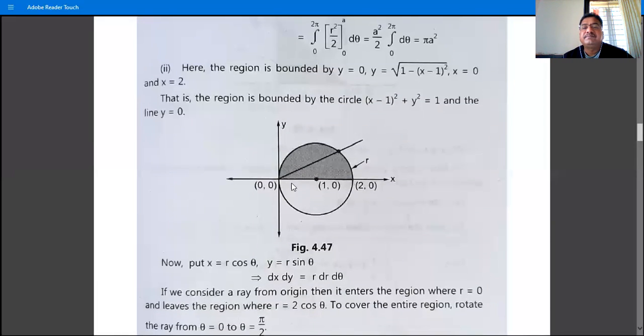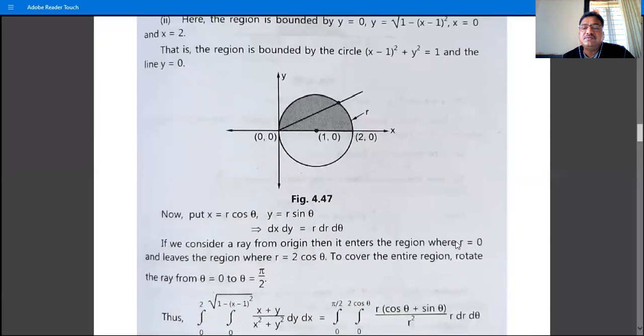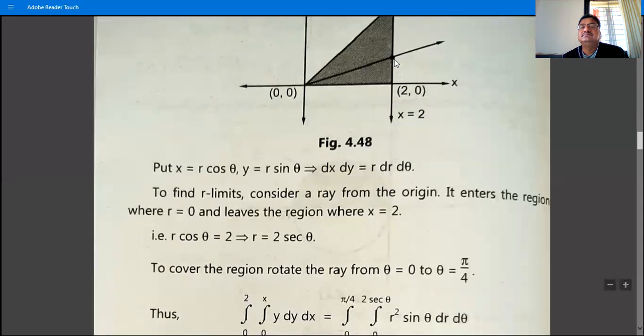Similarly here, this r runs from r is 0 at this place, and at this place r is 1. x is 1 at this place, on this circle, like this.